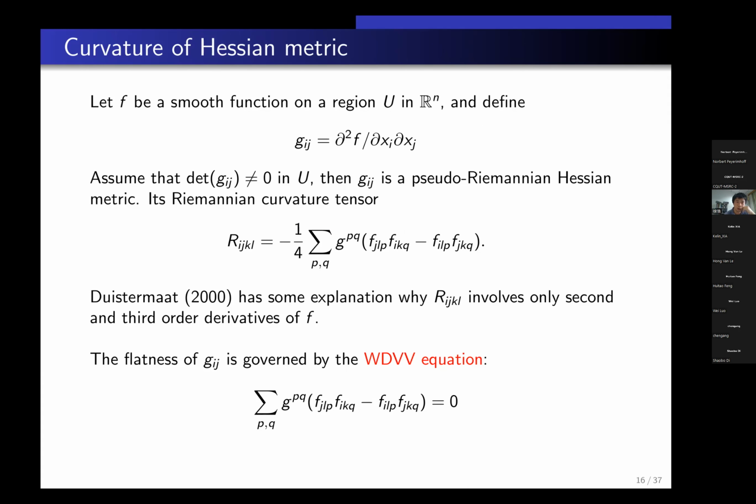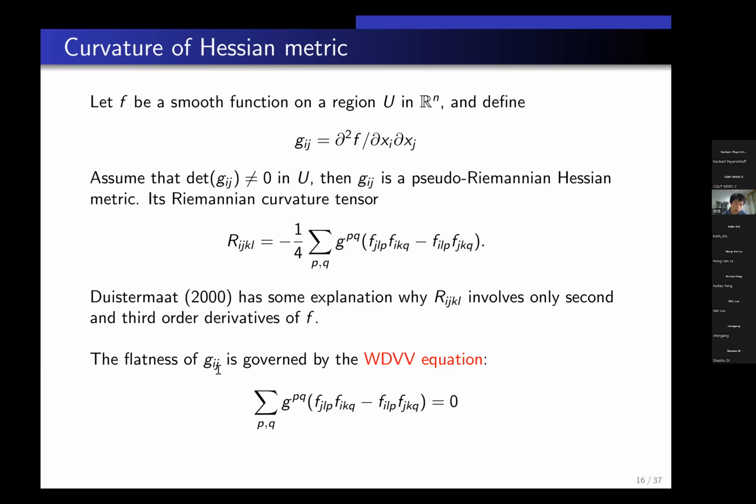The Hessian matrix also has very wide connections to differential geometry and to physics. For example, if I look at the Hessian matrix, this F is the Hessian potential, and the Riemannian metric is g_ij, the Hessian matrix. We can compute its Riemannian curvature tensor, which is given by the third derivatives of the Hessian potential F. The flatness of this Riemannian metric is governed by the WDVV equation.